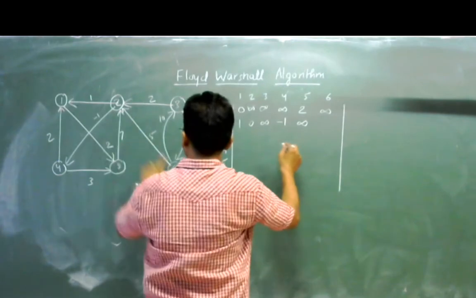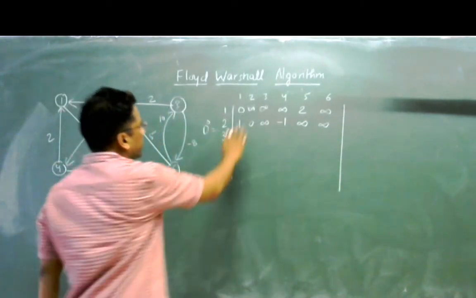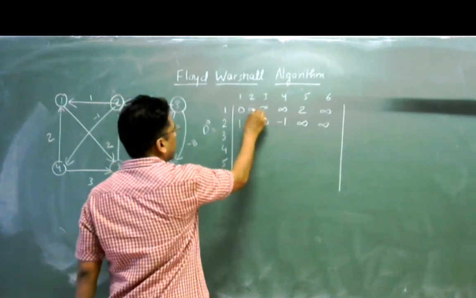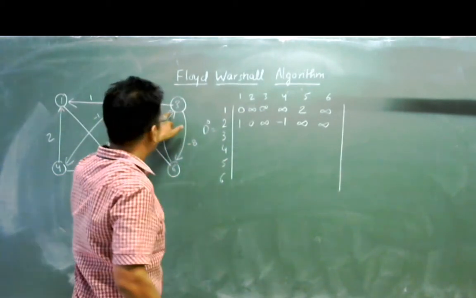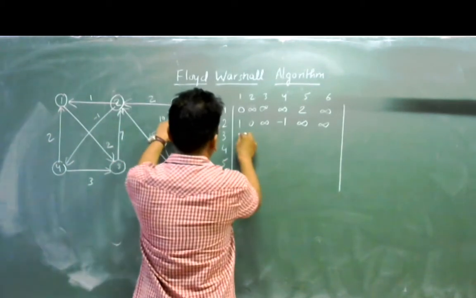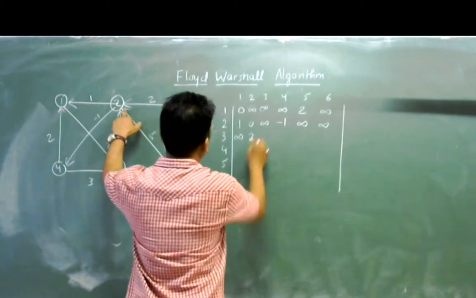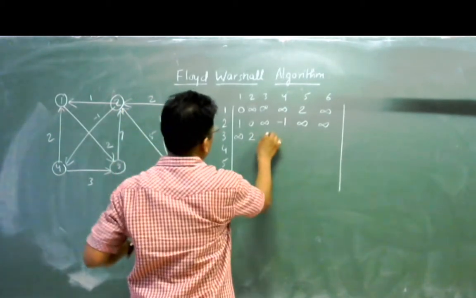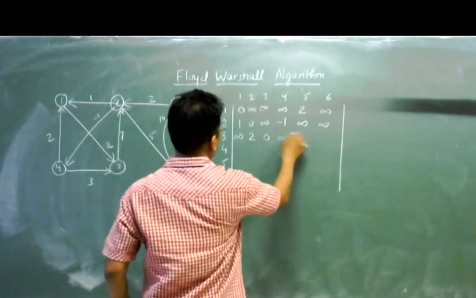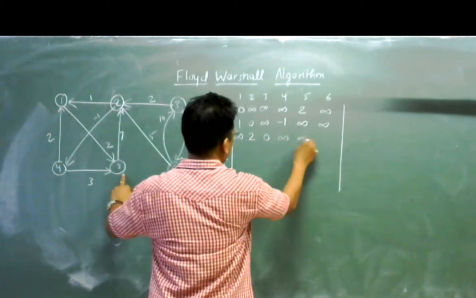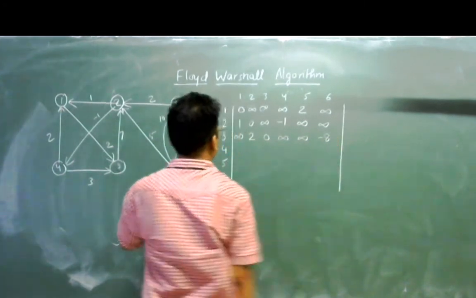Node number 6 is not directly connected, so infinity, right? After this, node number 3. Node number 3 is not connected to 1. Node number 2 at distance 2. Node number 3 at distance 0. Node number 4 infinity. Node number 5 infinity. Node number 6 at distance of minus 8.